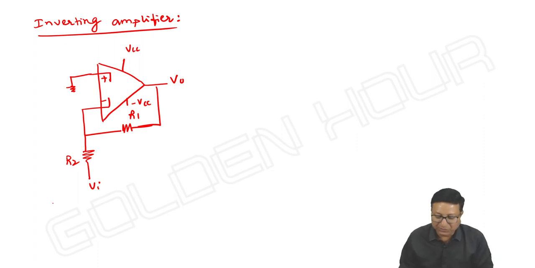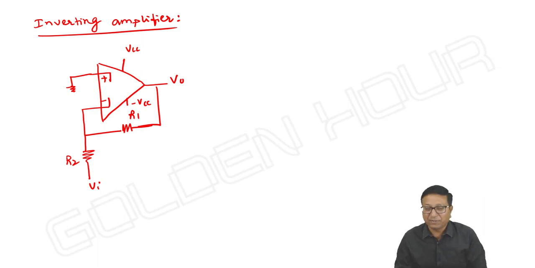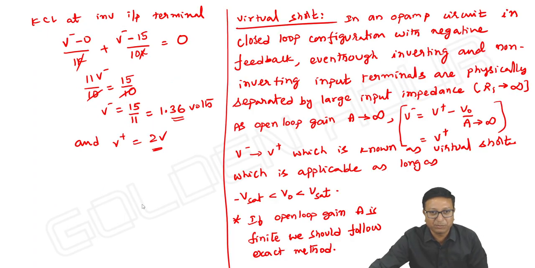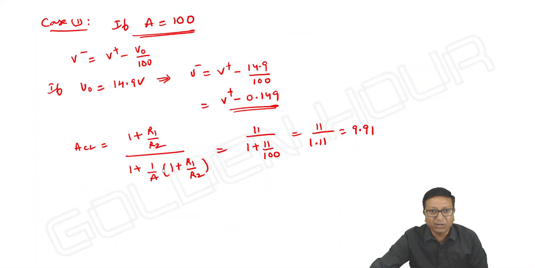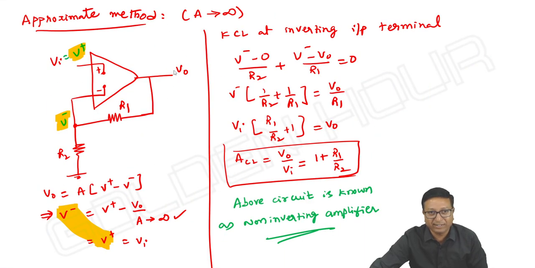Then, as usual, how to find V output? If you look at the previous case, one more point: I said the output is neither increasing nor decreasing. It is settling down at a particular value. At what value is it settling down? If A is approaching infinity, the output is settling down at a value given by 1 plus R1 by R2 into Vi. And at what value is the inverting terminal settling? The inverting terminal is settling at a voltage equal to the voltage at the non-inverting terminal.